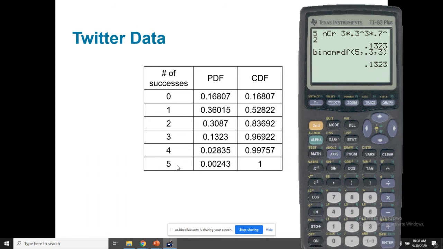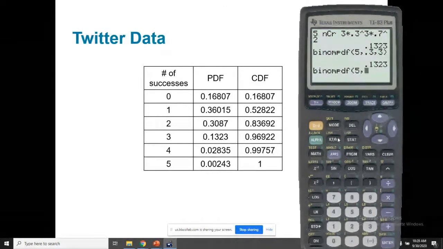You can find the probability of exactly 5 people knowing. So if I wanted to find the probability of 5, or P of 5, I would simply go back to my binomial PDF. I would put in n, which is the number of trials, and we're selecting 5 people.